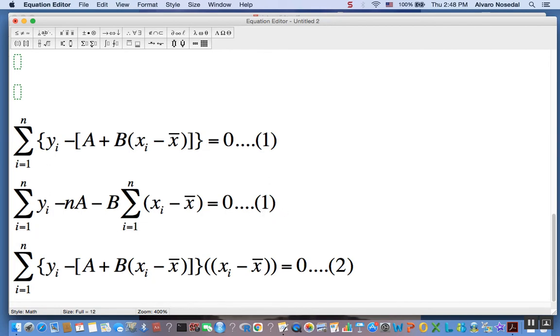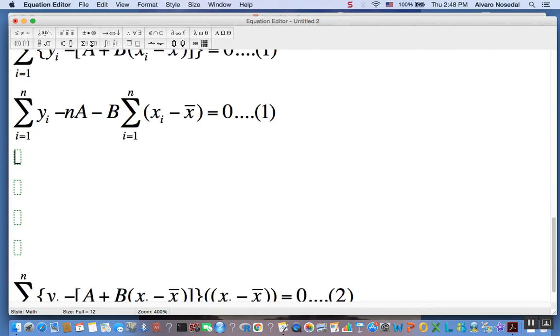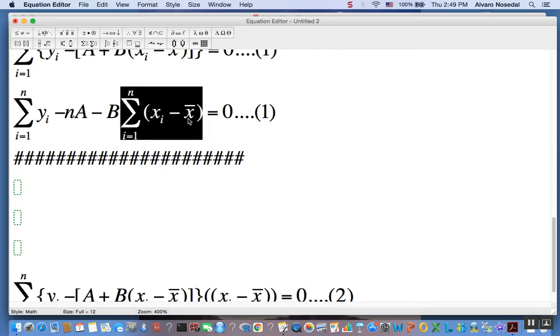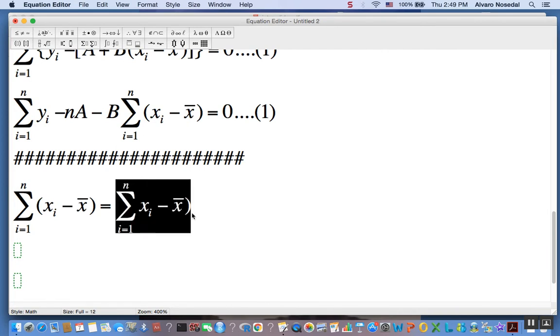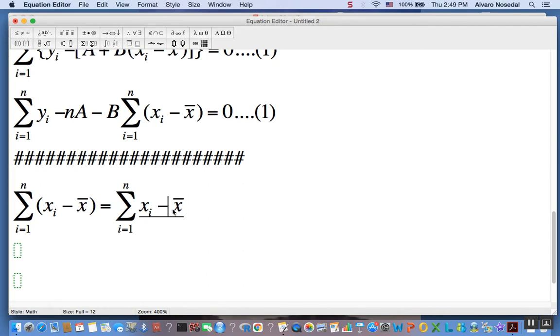Okay. Now, let's just quickly talk about the last term. Let's talk about this guy. Note that this is the same as the summation of xi's minus n times x bar, right? But note that this summation of xi's is the same as this.